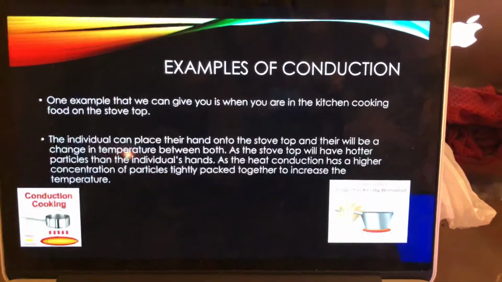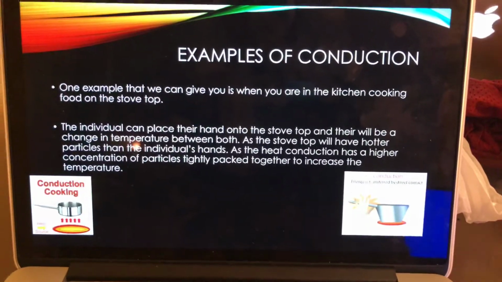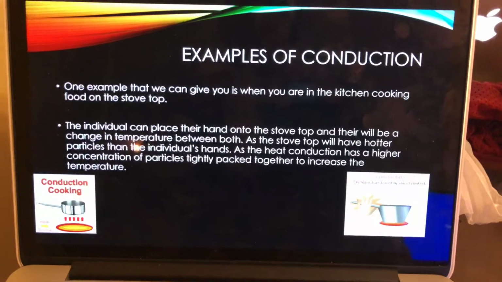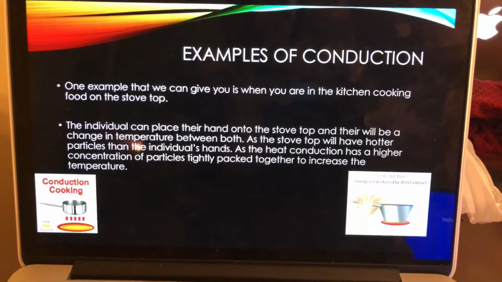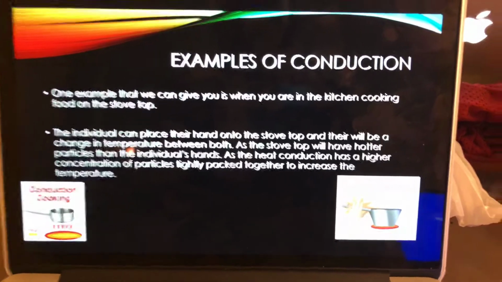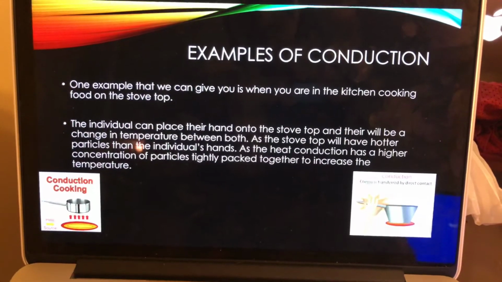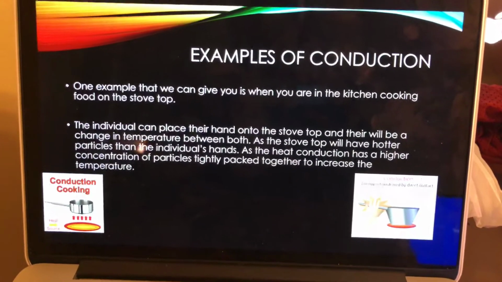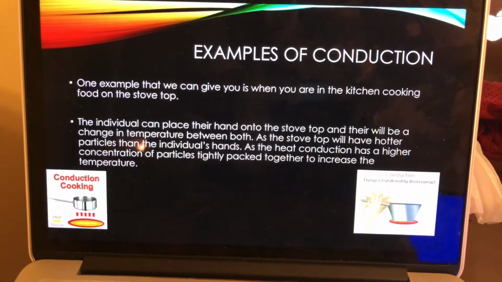Here are some examples of conduction. One example is when you are in the kitchen cooking food on the stovetop. The individual can place their hand onto the stovetop, and there will be a change in temperature between both, as the stovetop will have hotter particles than the individual's hands, as heat conduction has a higher concentration of particles tightly packed together to increase the temperature.